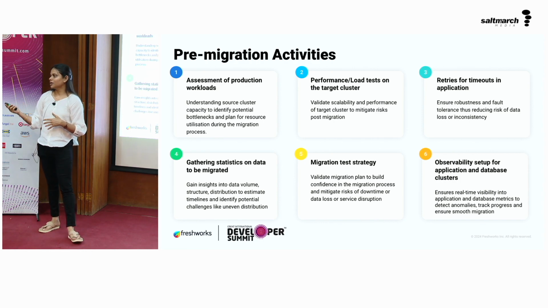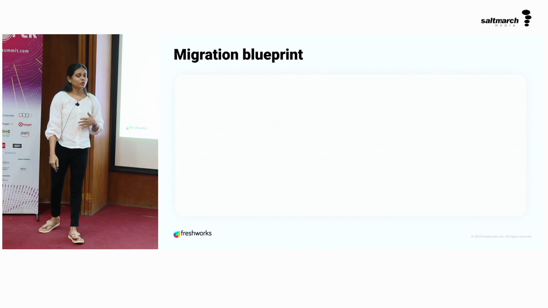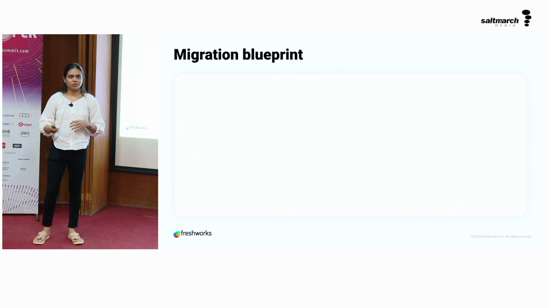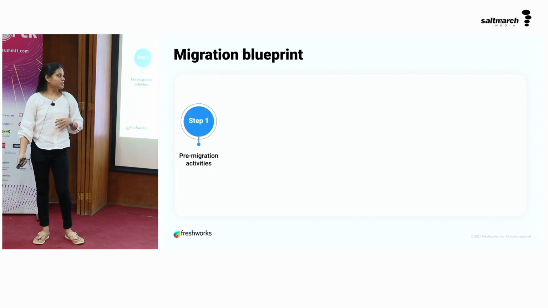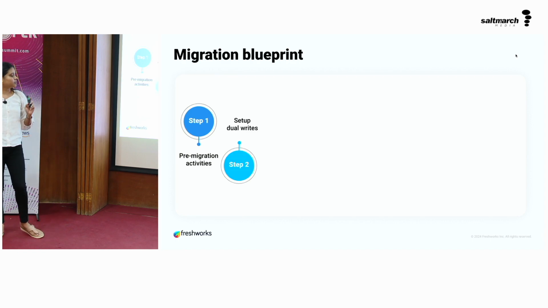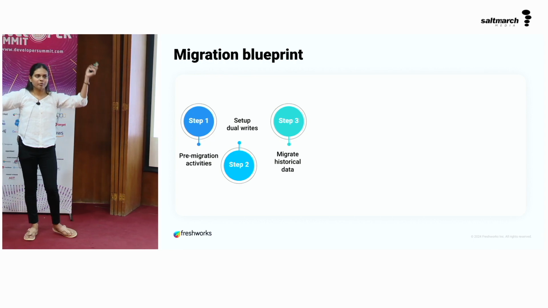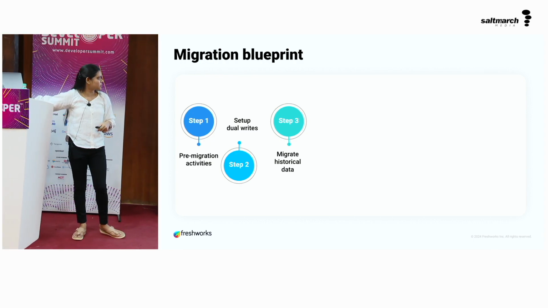Now we'll quickly go through an overview of the entire migration process before we delve further. The first step here is, of course, the pre-migration activities, followed by the dual write setup, where we handle the live traffic, transmitting all the write operations to both the source and target, followed by the migration phase, where we migrate all the data from source to target.